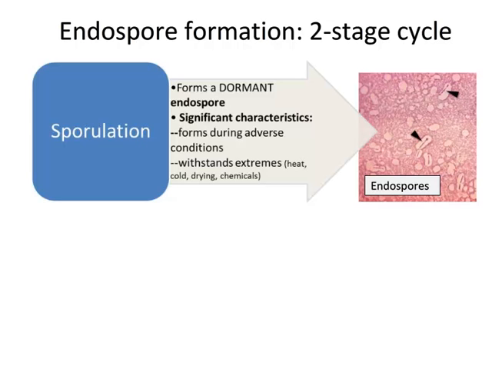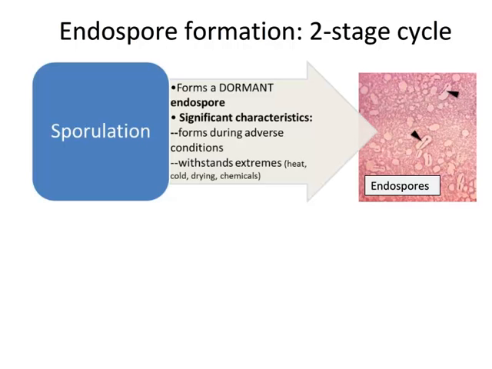Some significant characteristics of the endospore are as follows. Endospores form when bacteria find themselves in adverse conditions, conditions which would not support their living, growing versions of themselves. It might be extremely dry, there may not be enough nutrients available, it might be very cold when a bacteria prefers to be warm, or very warm if a bacteria prefers to be cool.